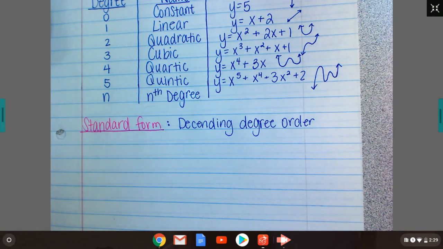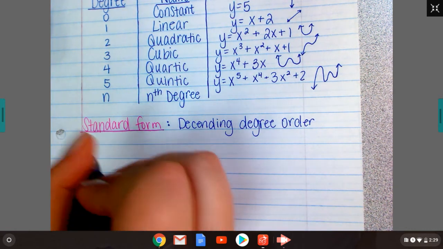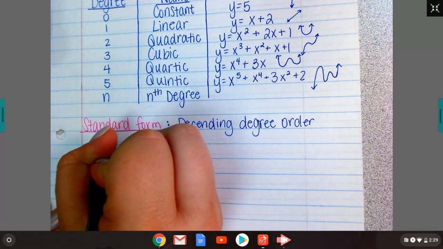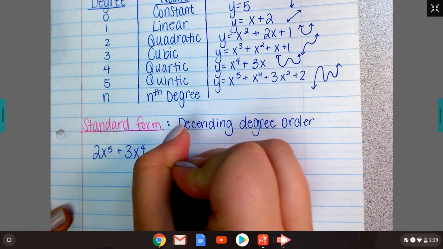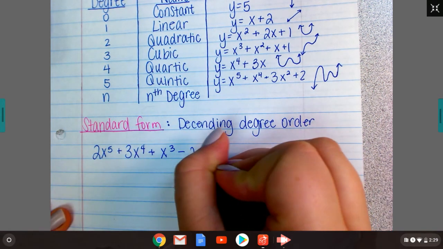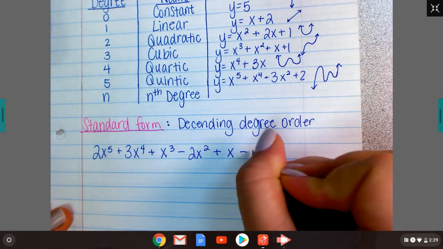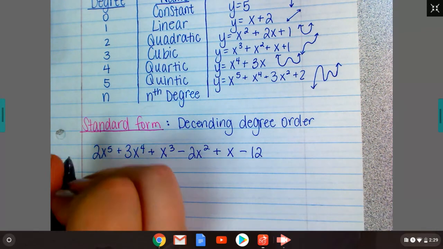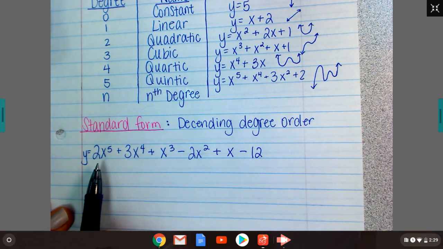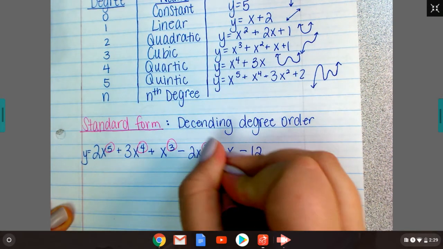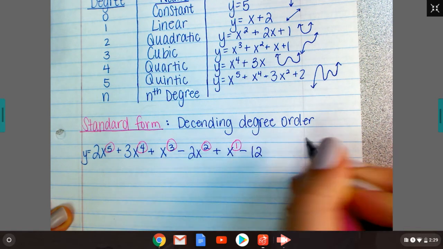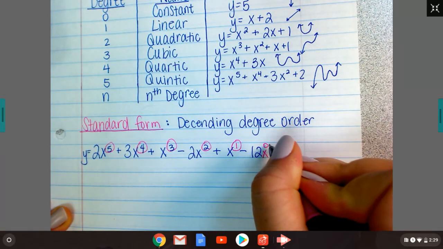So for example, if I had 2x to the 5th plus 3x to the 4th plus x cubed minus 2x squared plus x minus 12, notice my exponents are going 5, 4, 3, 2, 1, 0.